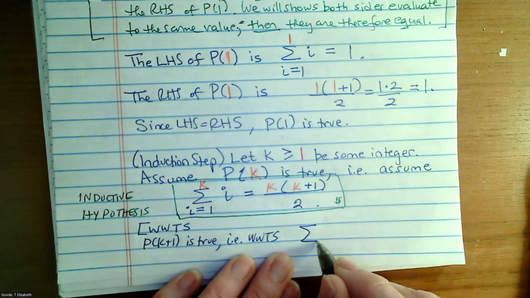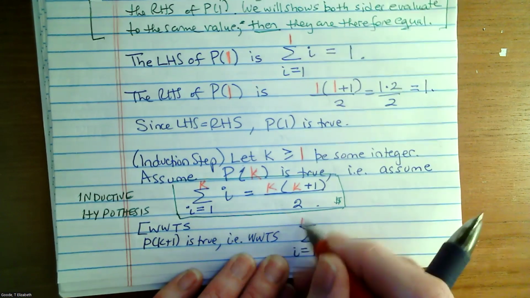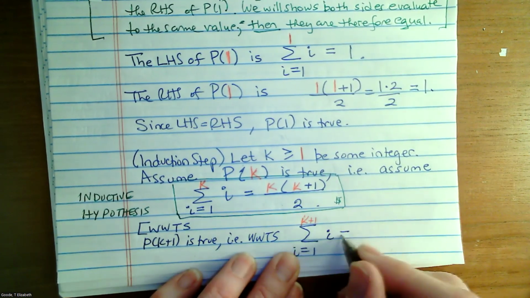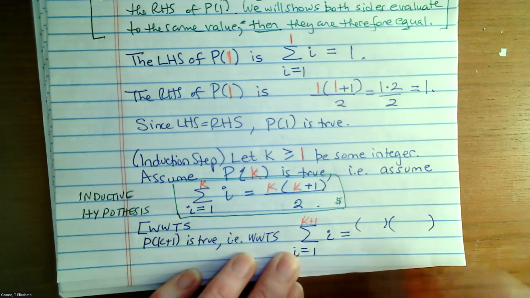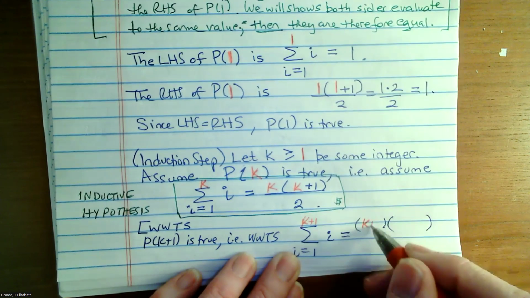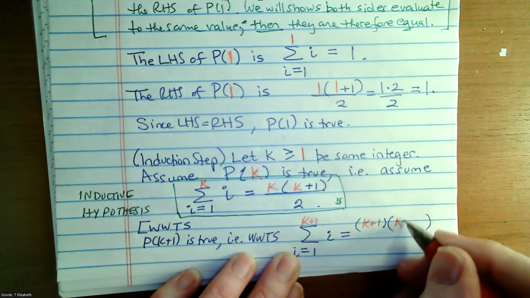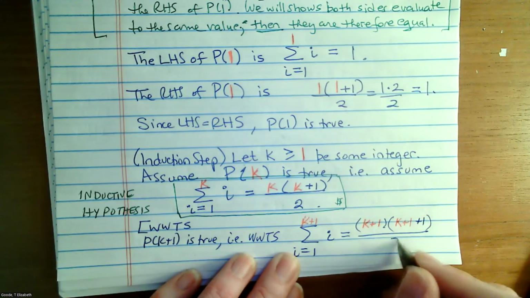It's the sum from i equals 1 to k plus 1 of i equals, well, now we got to use parentheses because we're putting in k plus 1, where there used to be a monomial, n or k, and then k plus 1 is the other factor, all over 2.